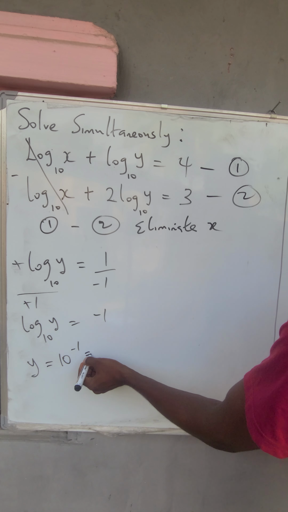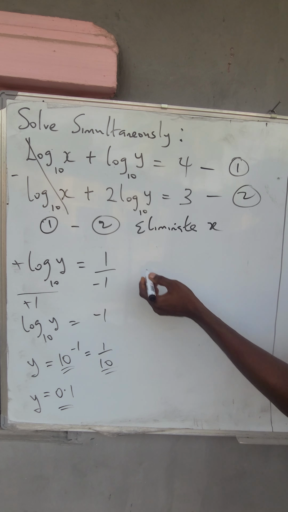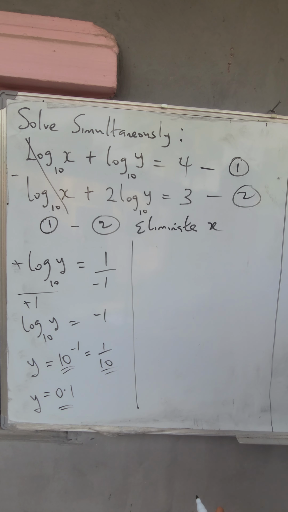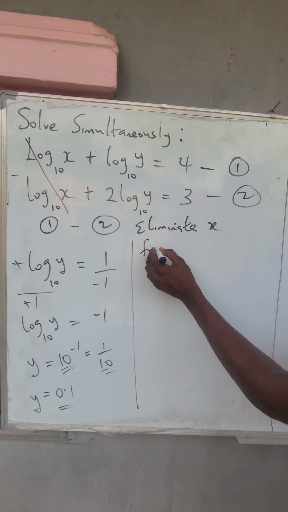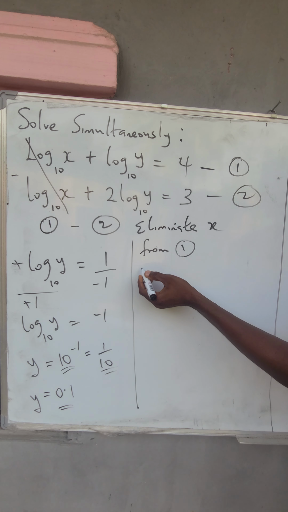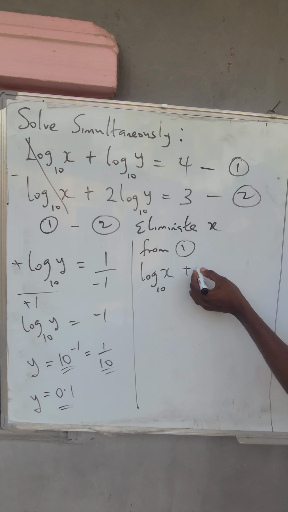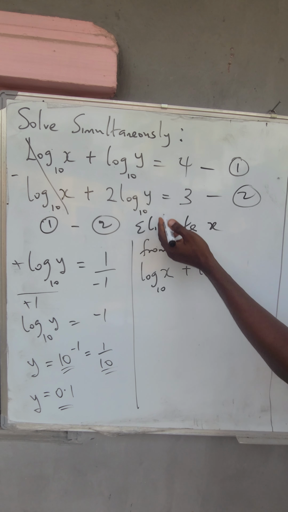Now since we've gotten a value for y, either this or this, we put it in any of these equations to get x. So let's use equation 1 to get it. From equation 1, you have log x base 10 plus log y. Now what is your y?